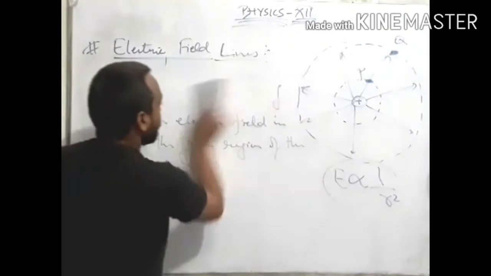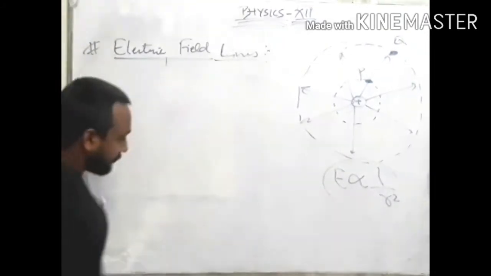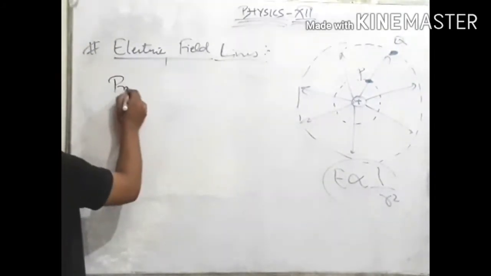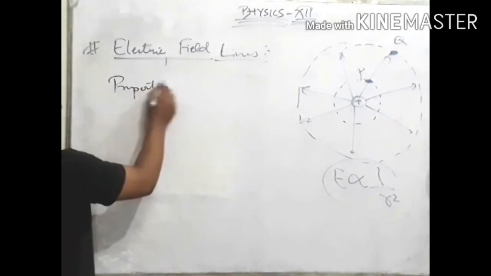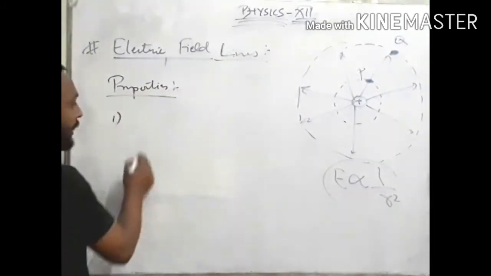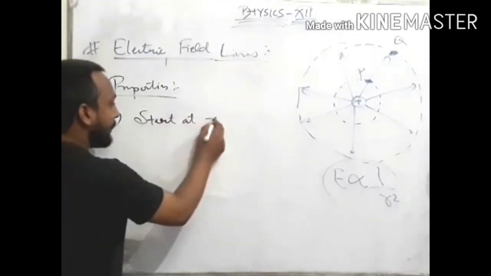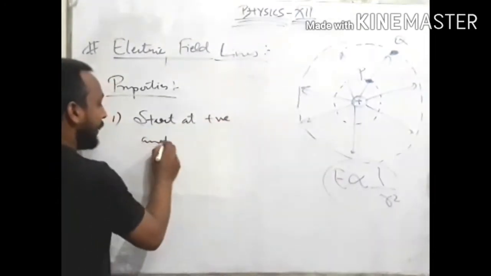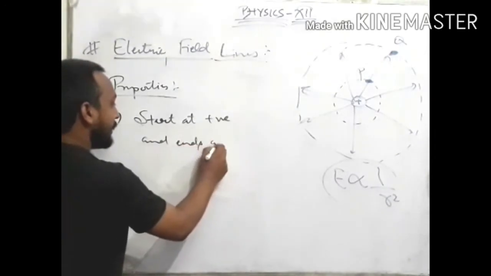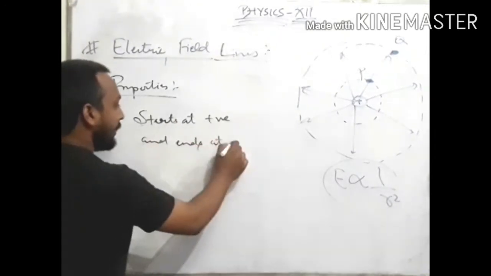See here. First thing, electric field lines actually start at positive and end at negative charge.